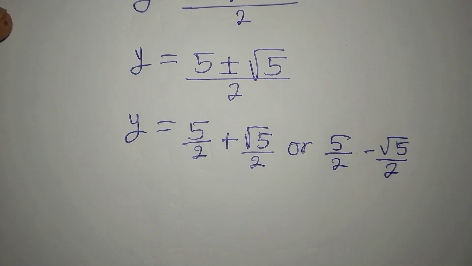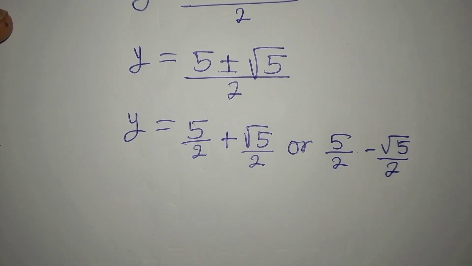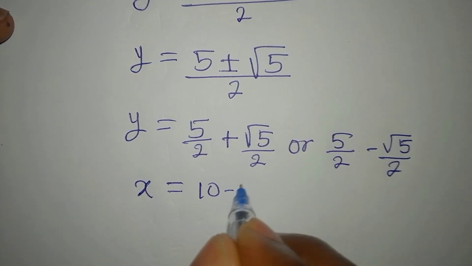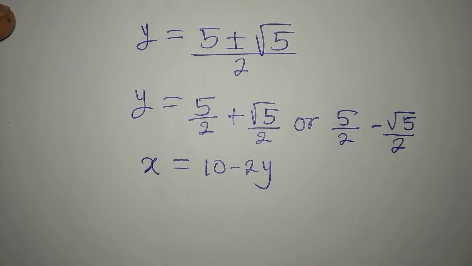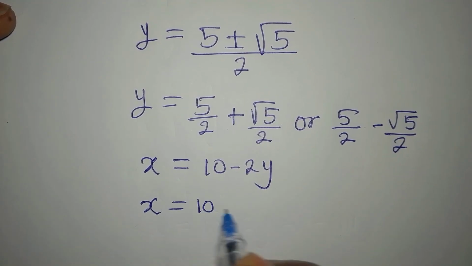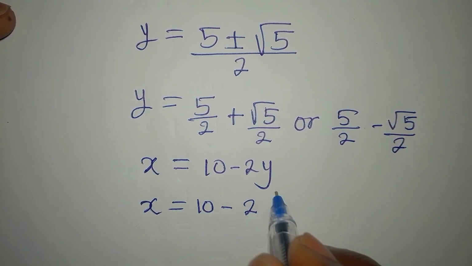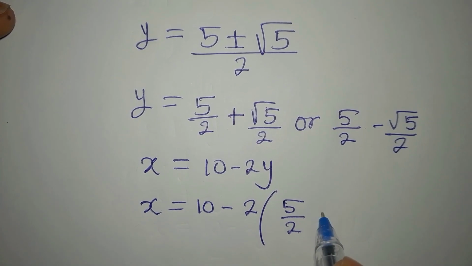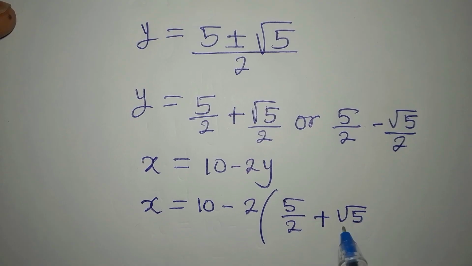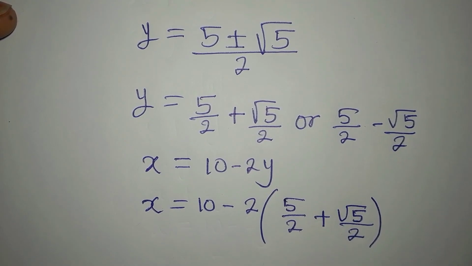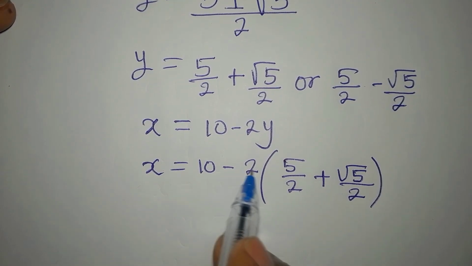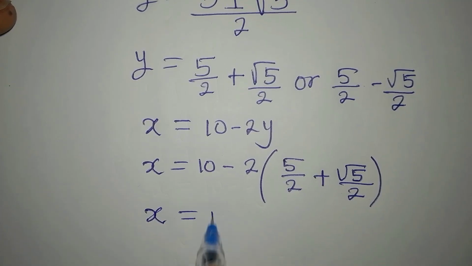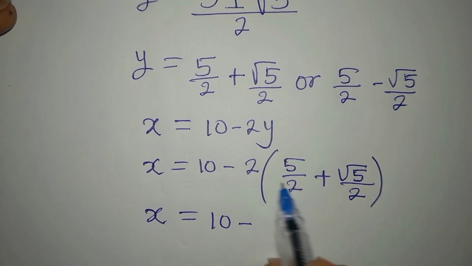Now we need to get our value of x, and we'll go back to equation 3 where we have x equal to 10 minus 2y, so that in place of y, I will write this one first, which is 5 over 2 plus root 5 over 2. Now let's open the bracket, because this right here should multiply everything in there. So we'll now have x equal to 10 minus 2.